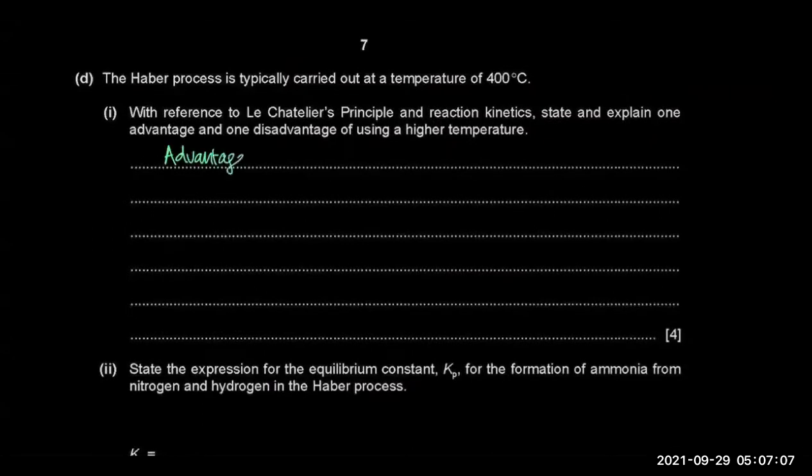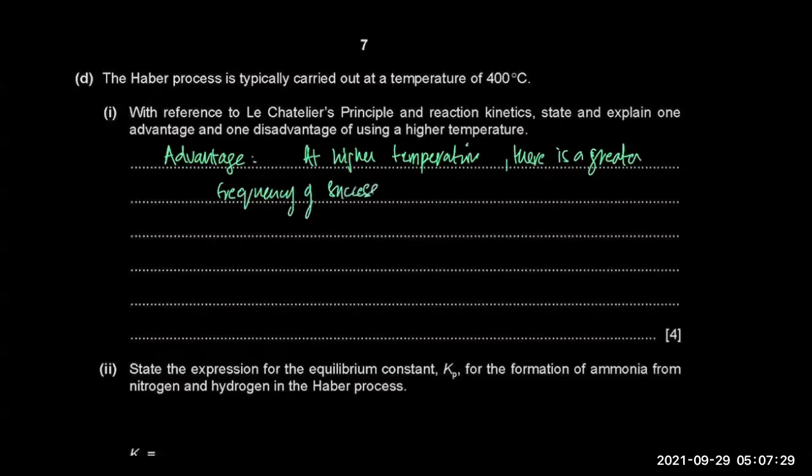The advantage is that at higher temperature there is a greater frequency of, or a greater chance of, successful collision. So hence the rate increases, since the particles have more energy.